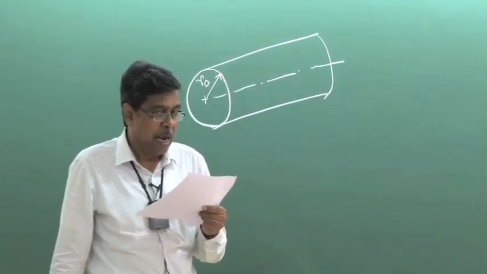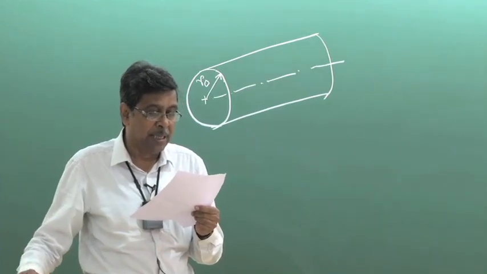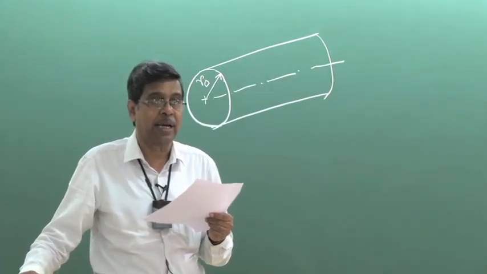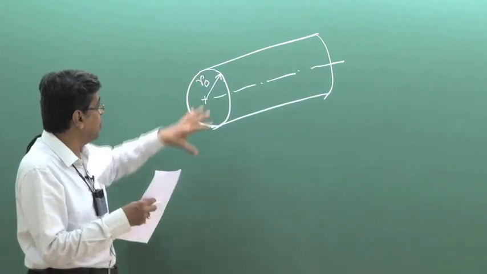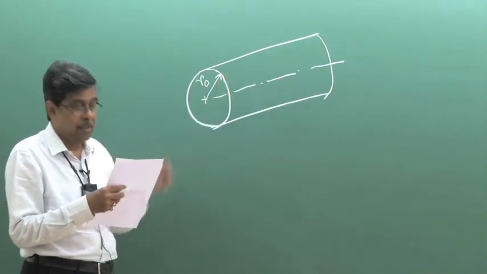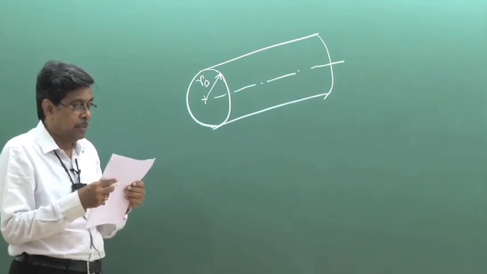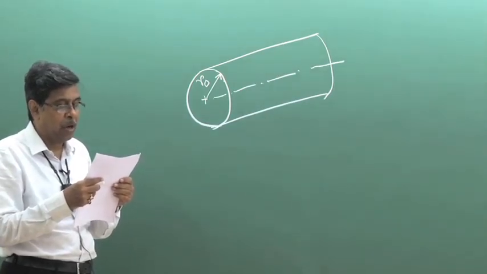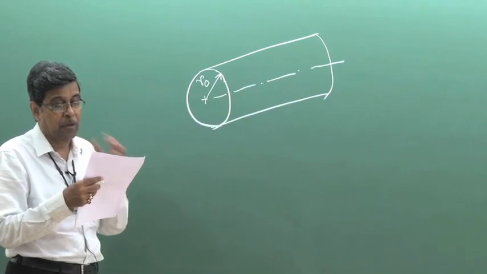Radioactive wastes are packed in a long thin walled cylindrical container. That means the radioactive wastes are packed, which ultimately works as a solid cylinder type of thing.